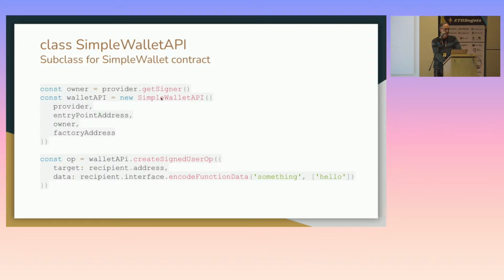So you create a simple wallet API, and then you can call it to create a transaction, signed or unsigned, and then send it on chain. The owner we see here, also on the base class, is a signer. This is the owner of the wallet, which is the class that will get called to sign this user operation.